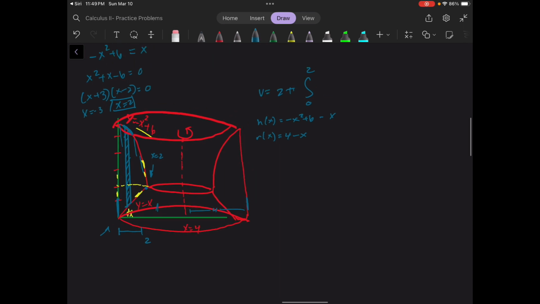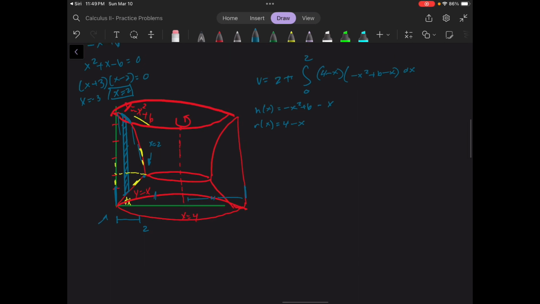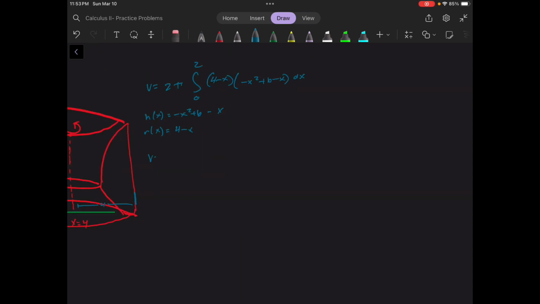Okay, so that tells me that the volume is the integral of 4 minus x, times minus x squared plus 6 minus x, dx. So this might look like a tough integral, but it's really not. So let's distribute. We can distribute this 4 to this term, and this term, and then the negative x to this term, and this term.